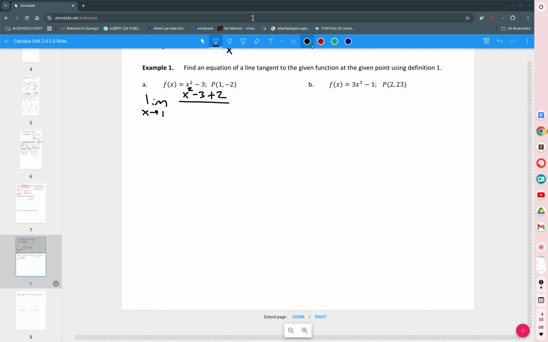Divided by? Minus 1. The x value is our a value. Okay. Notice we get the limit as x goes to 1 of x squared minus 1 over x minus 1.